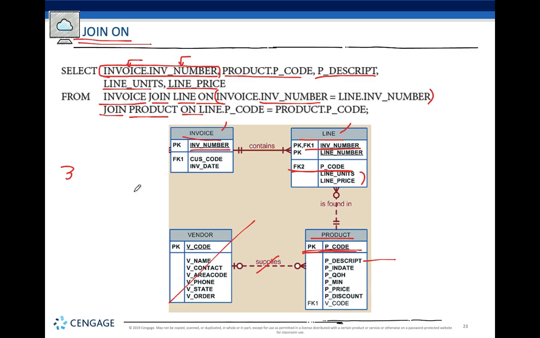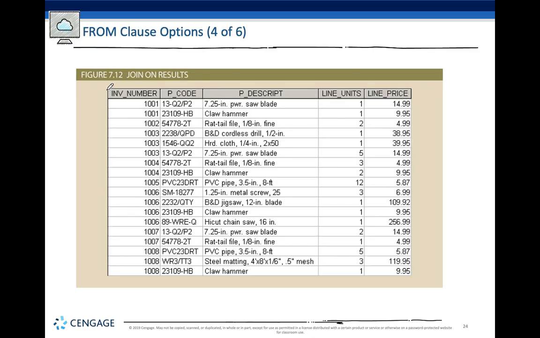So this is how you use join on: table 1 join table 2 on condition. And if there's a third table, you can add that to the list as well. Join third table on condition. Okay. And so this is the result of that table.